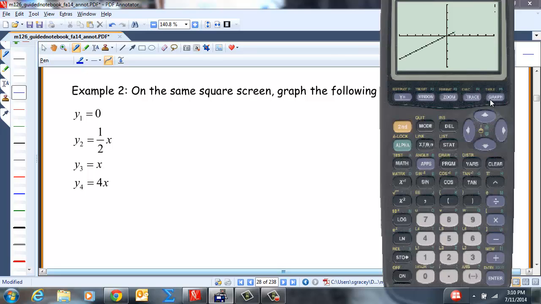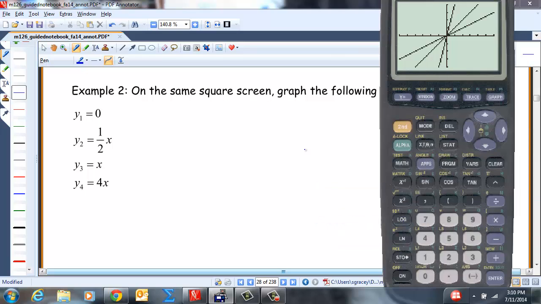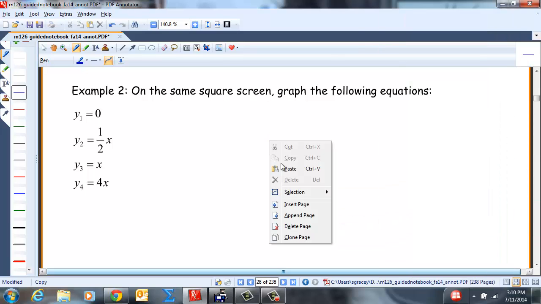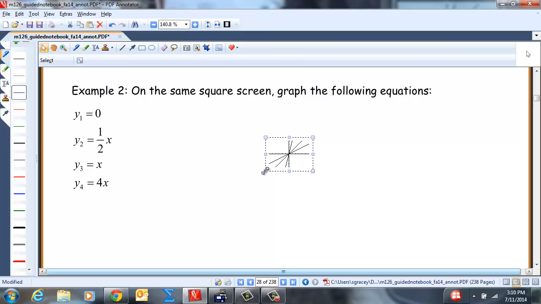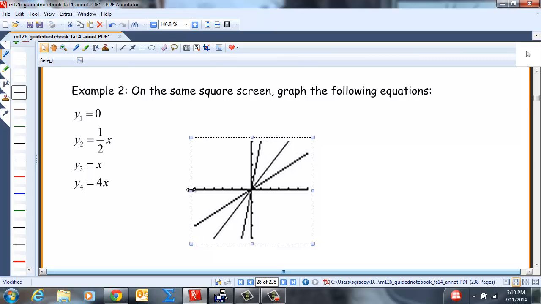So this is our, actually this is our second line, the very first line. Where do you think that one is? Good, it's at the x-axis. I just messed up our square scale here.